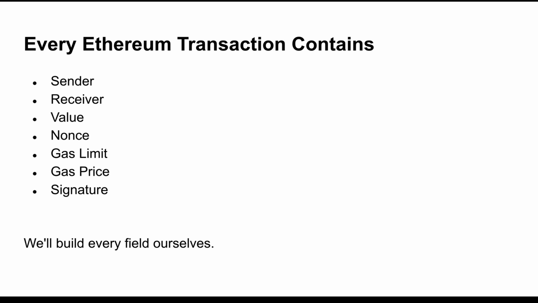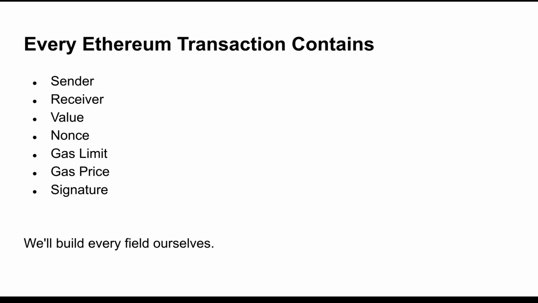For every Ethereum transaction, it contains the sender, the receiver, the value, that's the value in ETH or in Gwei, like we've discussed in a previous video. Gwei is to ETH what cent is to dollar, or what kobo is to naira. Then the nonce, which we've also spoken about in a previous video.